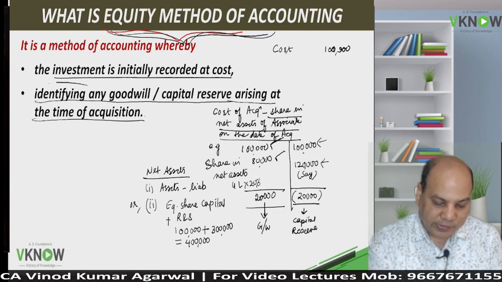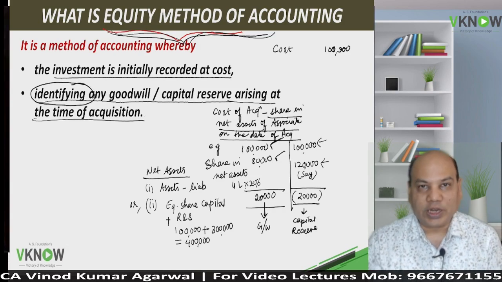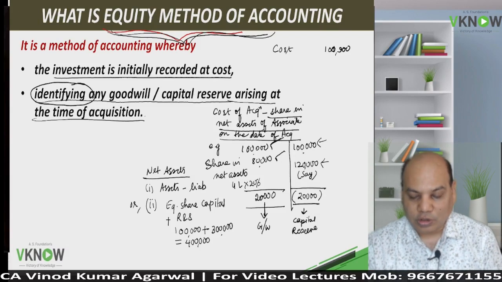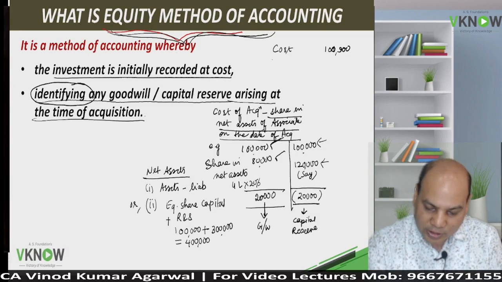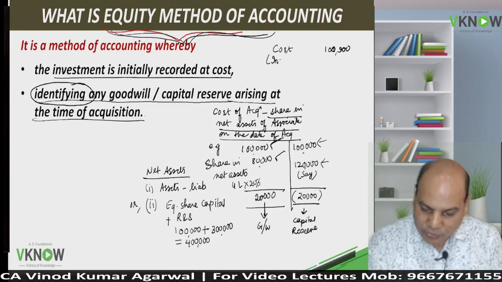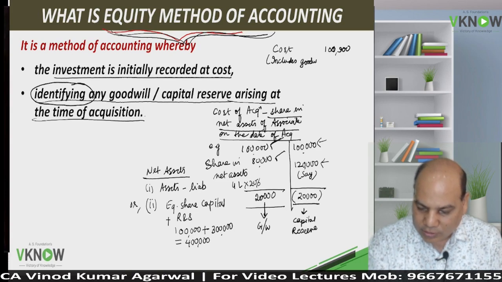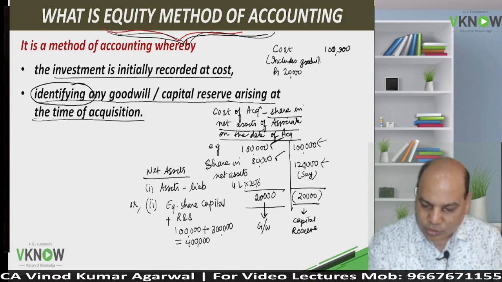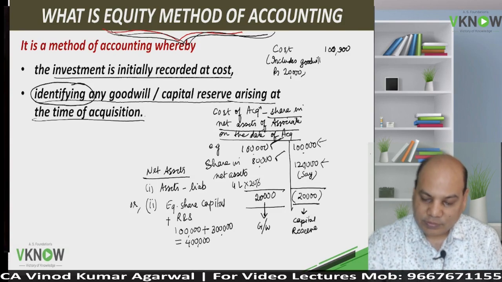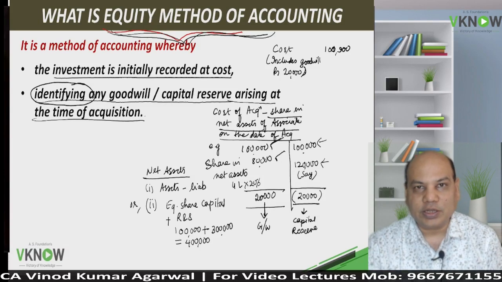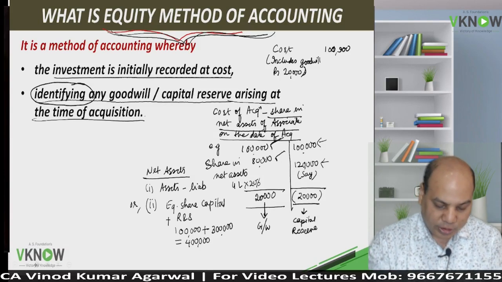Now how do I present it? We have to identify any goodwill or capital reserve. So I will write here in brackets, if it is goodwill, I will write includes goodwill rupees 20,000. Or if it is capital reserve, I will say this 1 lakh includes capital reserve, say 20,000. So this is my point number 2.